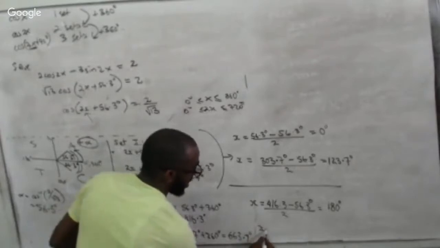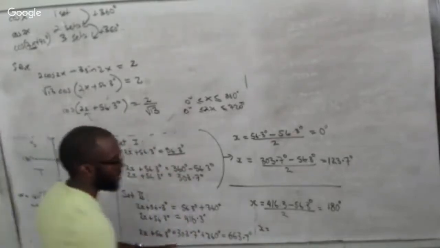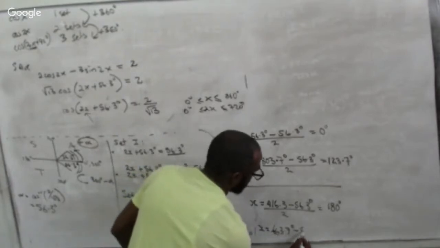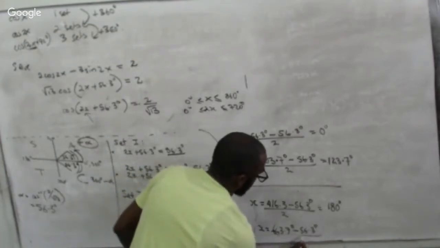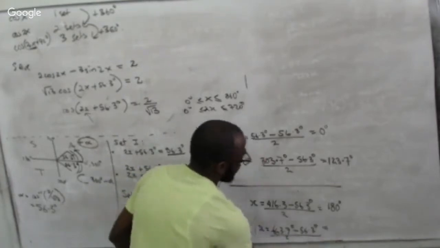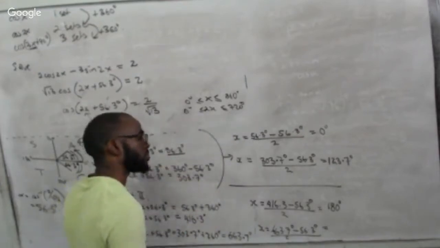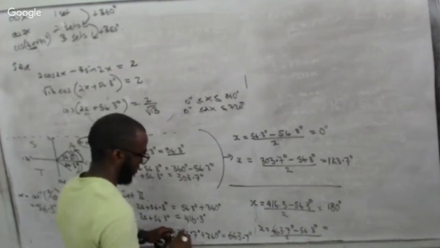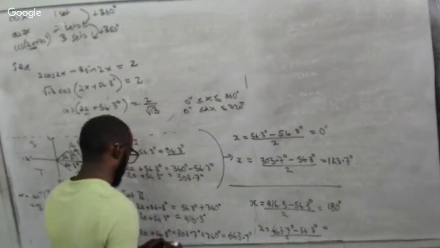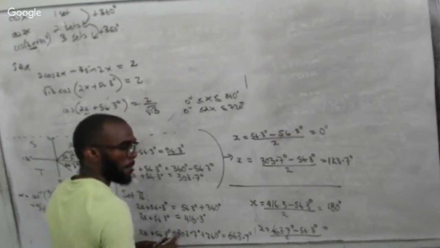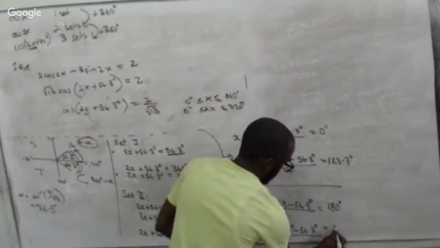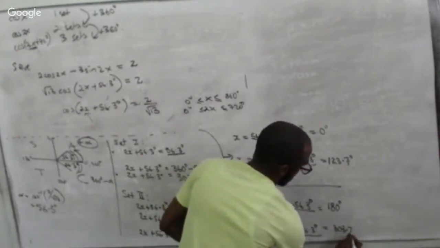So x equal to 663.7 minus 56.3 degrees all over 2. What did that come out to be? 303.7 degrees.